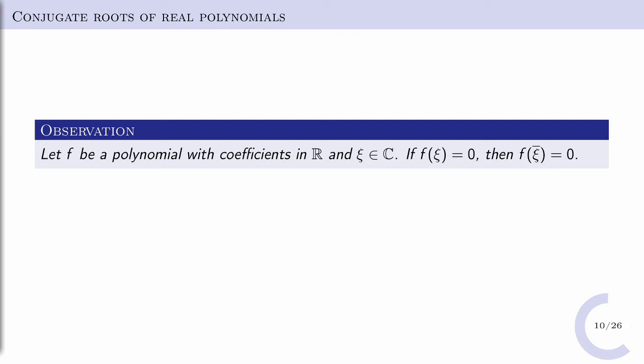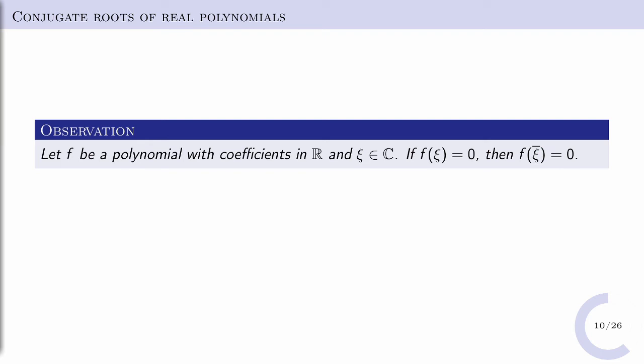preliminary observations concerns polynomials with real coefficients but complex roots. Namely, if we have a polynomial with coefficients in R and some complex number xi is a root of f, then its conjugate must be a root of f as well.